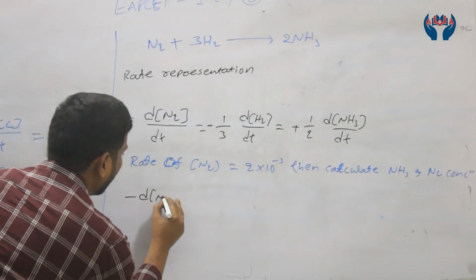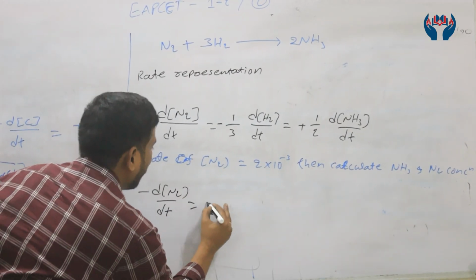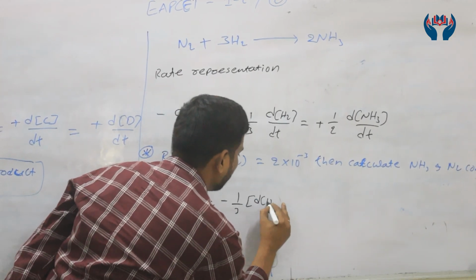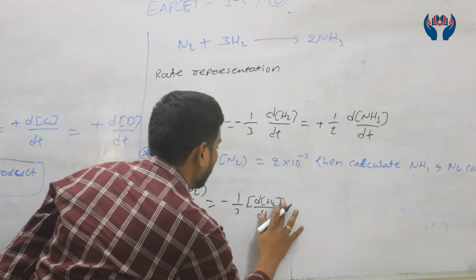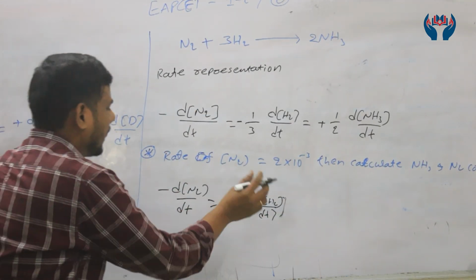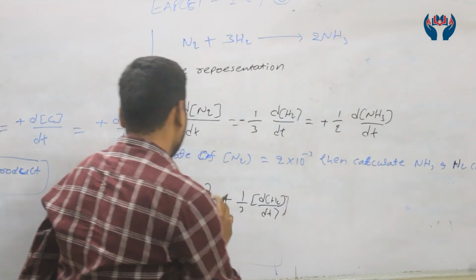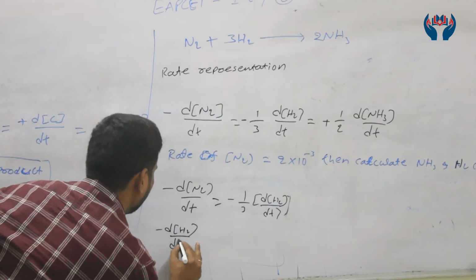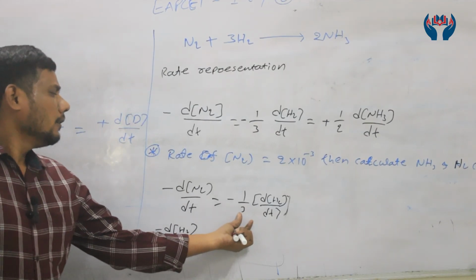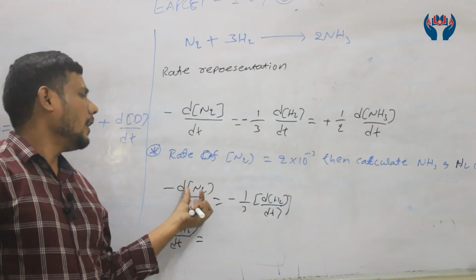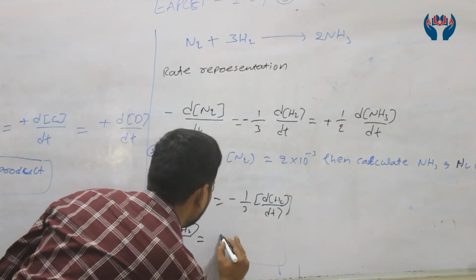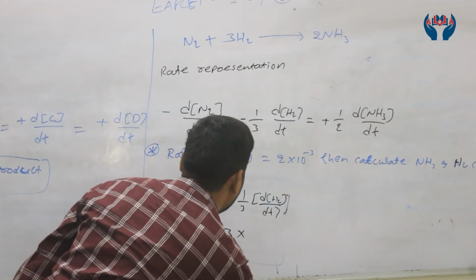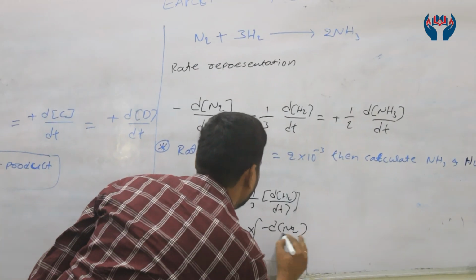The d of N2 by dt equals minus 1 by 3 into d of H2 by dt. Then we are calculating the H2 value. Therefore, minus d of H2 by dt equals, since 3 is in the denominator, multiply by the factor 3: minus 3 into d of N2 by dt.